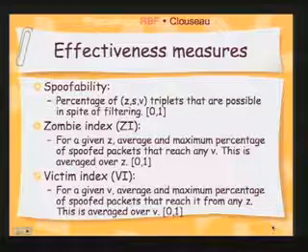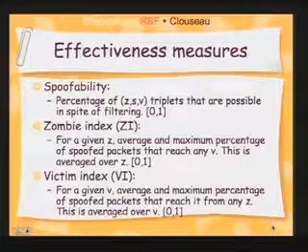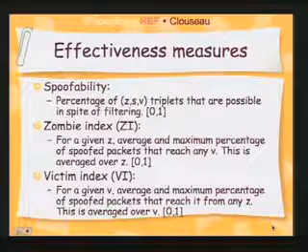So for the average, I average it over all the zombies. And then I take this for all the victims and I average it over all the victims. So again, I get a number between 0 and 1. This shows you if I randomly picked a victim and then randomly picked a set of zombies and let them send spoof traffic to this victim, how much would reach the victim? Again, on the average. So a lot of averaging going on.